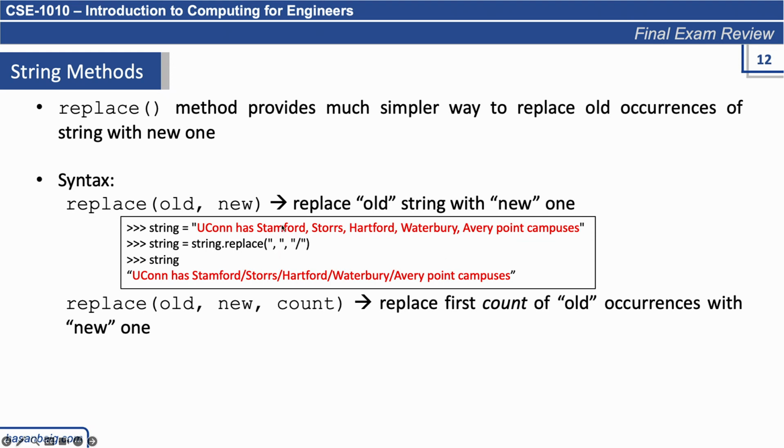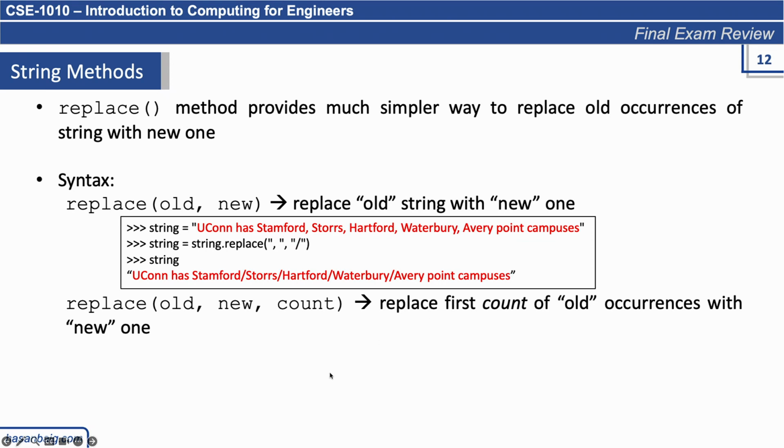And what we want to replace is these commas with the /. Okay. So once we specify string.replace, it searches the old string in the input string and replaces every occurrence of the old string with the new one. So comma is replaced with /.